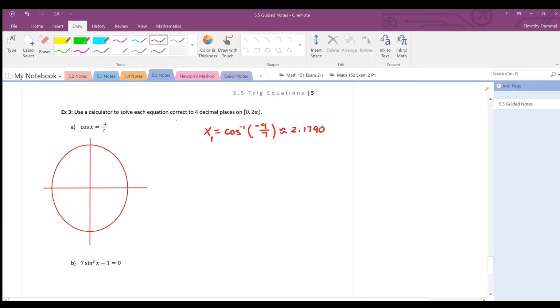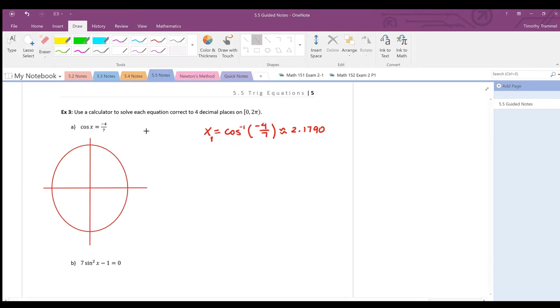So if we were to think about where this lies, well, cosine of x is negative in quadrants 2 and 3, right? But if we use cosine inverse it can only give us angles that lie in quadrants 1 and 2. So the only overlap here is quadrant 2. Okay. So we know that our angle lies in quadrant 2.